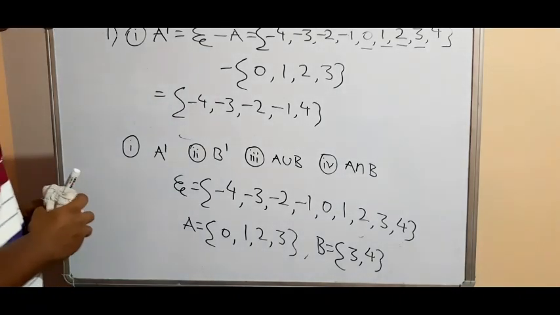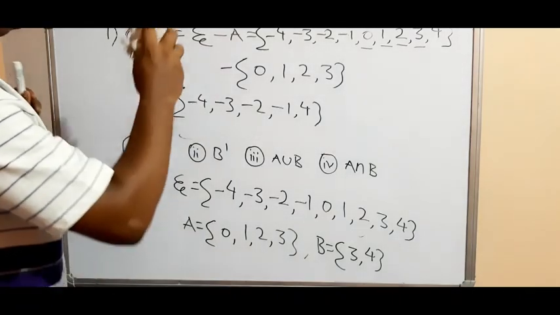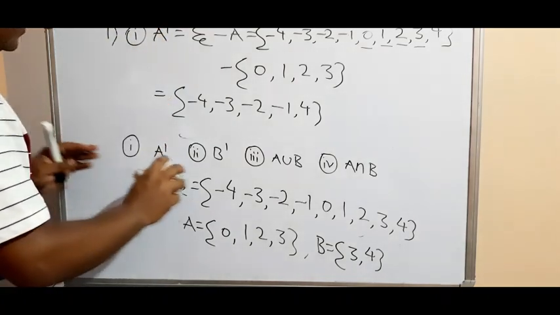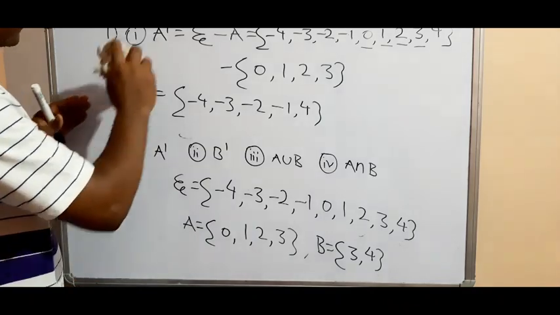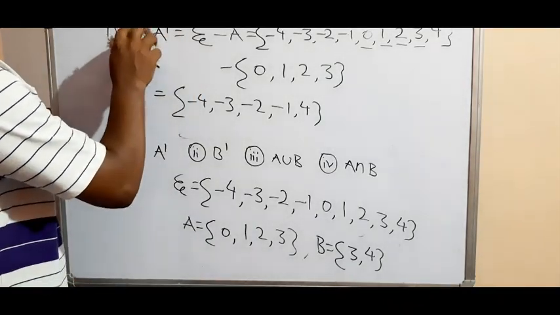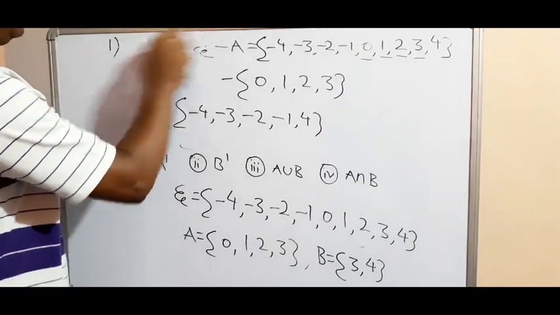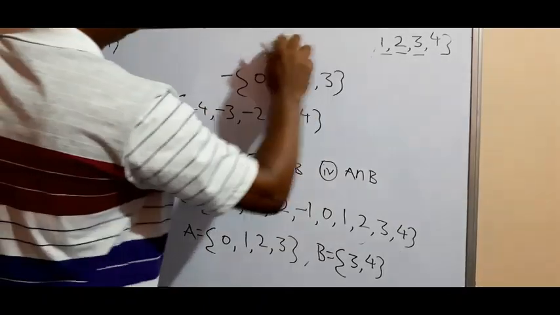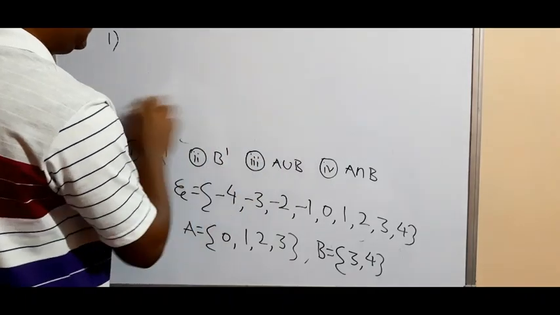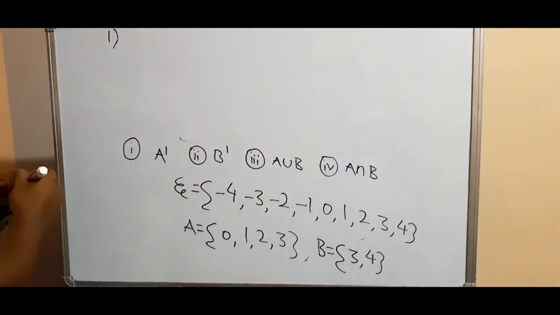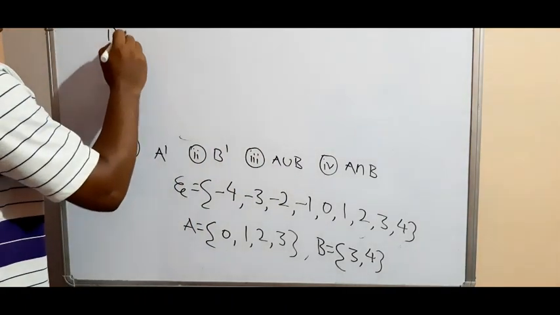Next I am finding B dash. So right here, part 2 I am writing. The values I am not rubbing, because the values I have written here are the elements of the set. So I am rubbing at the top. So here B dash we have to find. B dash, the same way as A dash, we have to find in part 2.